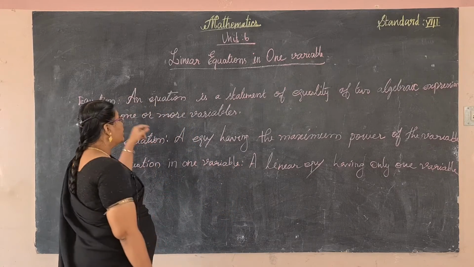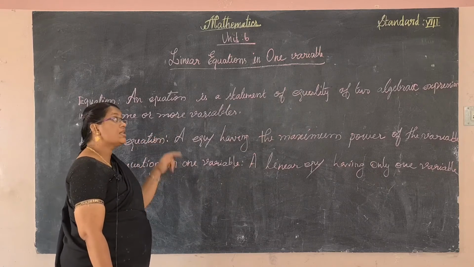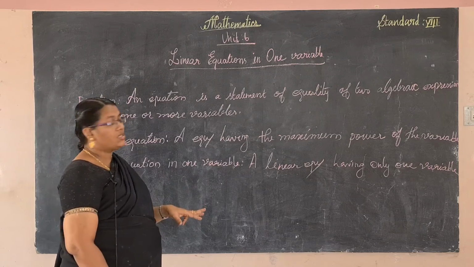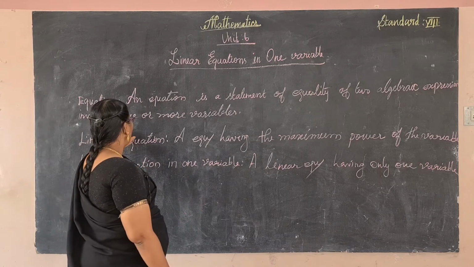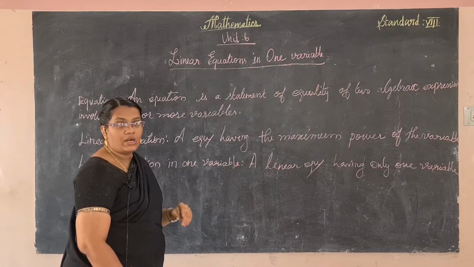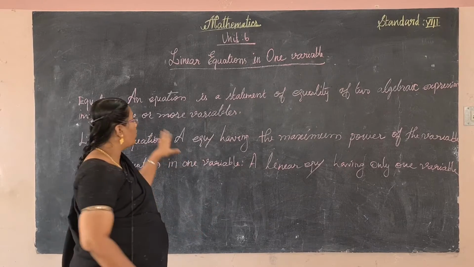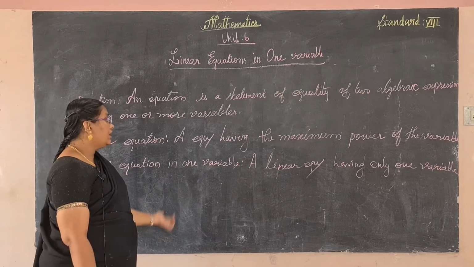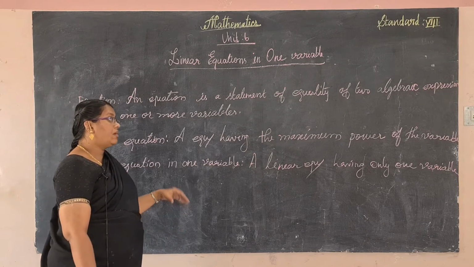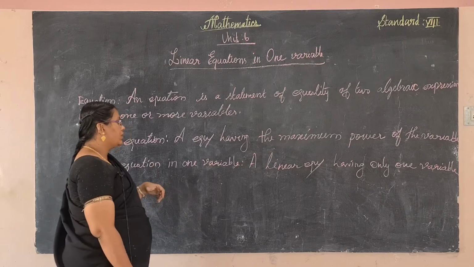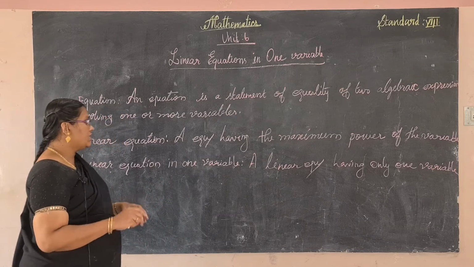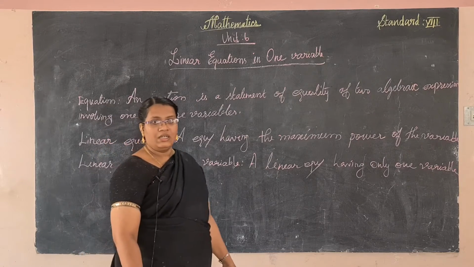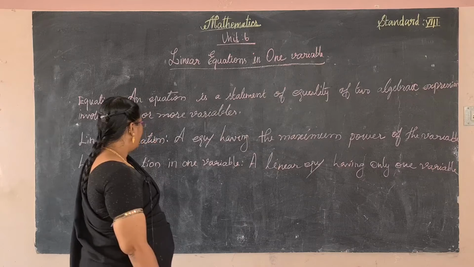An equation is a statement of equality of two algebraic expressions involving one or more variables. And a linear equation is an equation having the maximum power of the variable. Linear means the maximum power of the variable is 1.